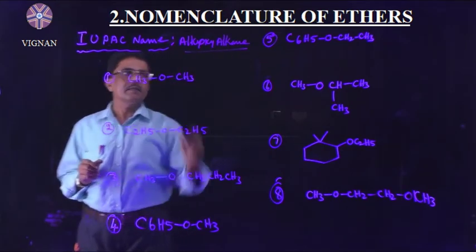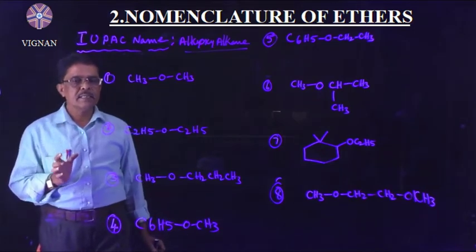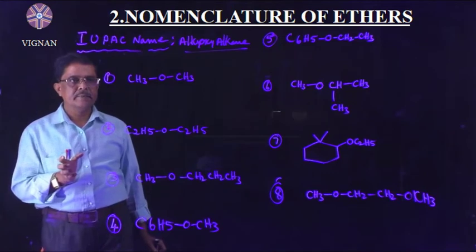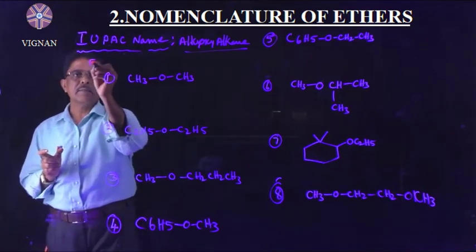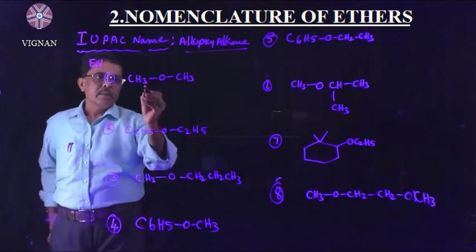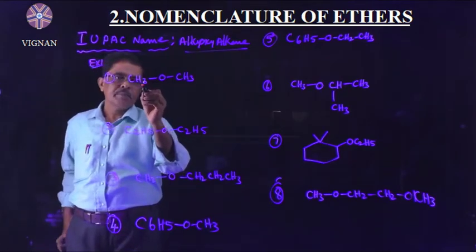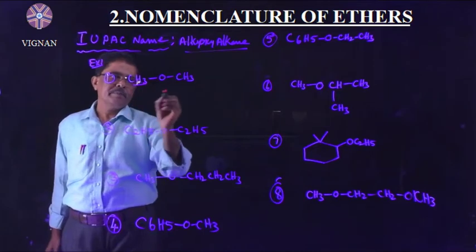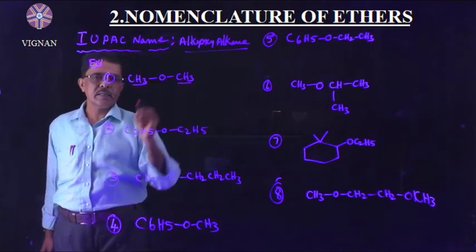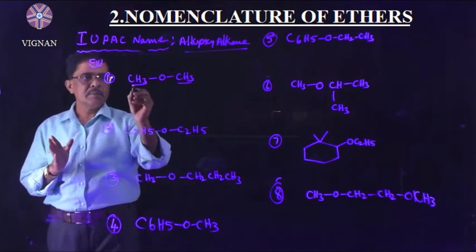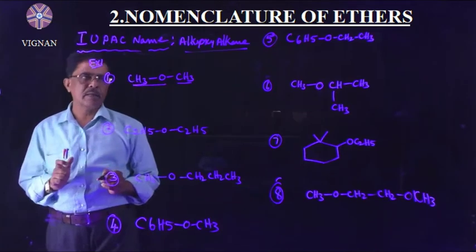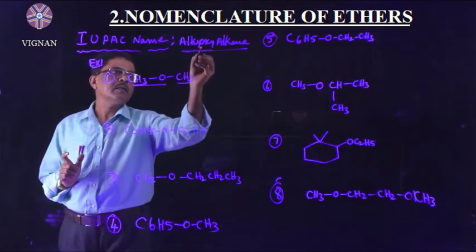The name of ether in the IUPAC system is alkoxyalkanes. Let us take example number 1. Here one part is said to be the alkoxy part, and another part is the hydrocarbon part.